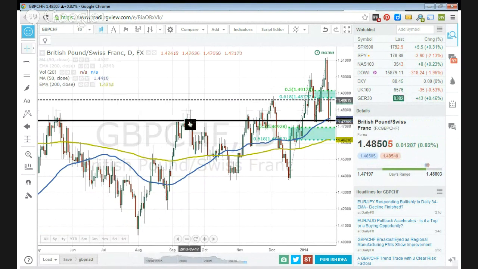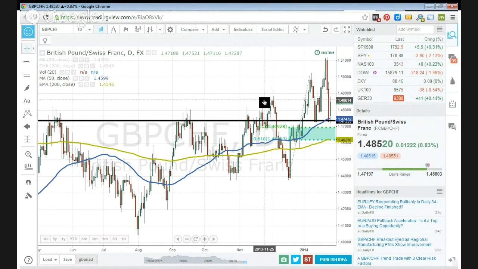Now this may be something that I want to enter on. Let's delete that line. Okay. I'm gonna put an order on for pound Swiss, order to go long. Let's see what the 4-hour chart looks like.